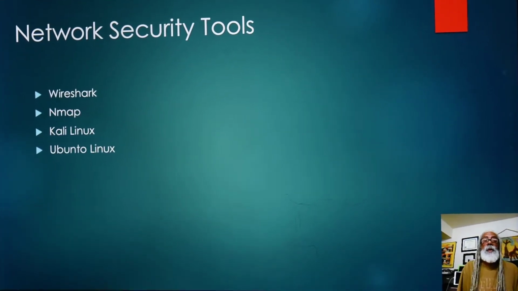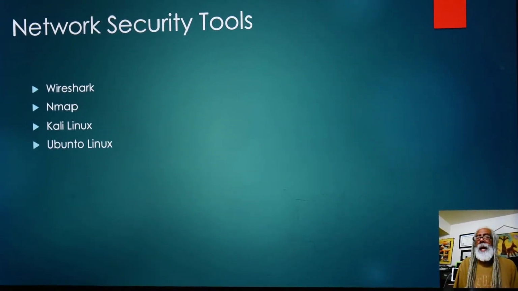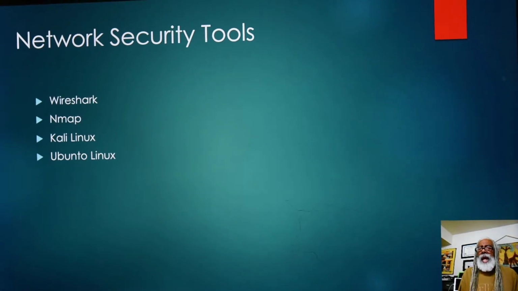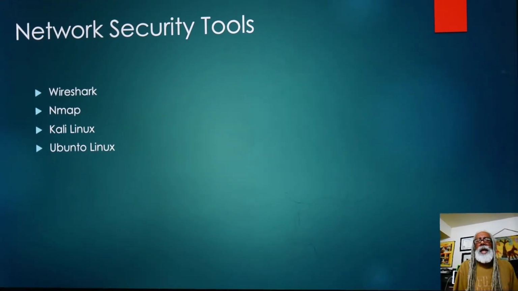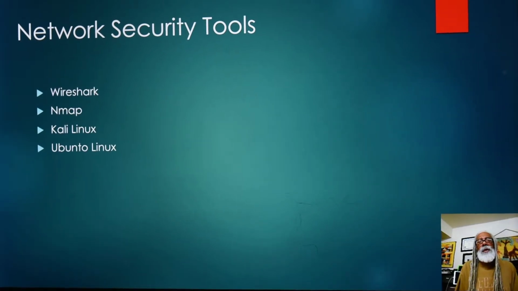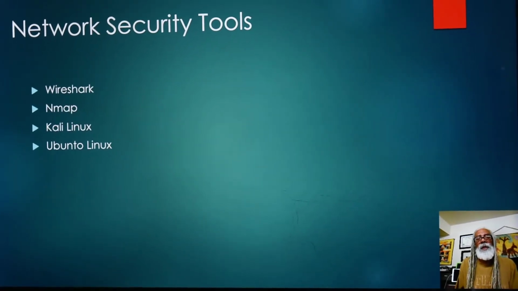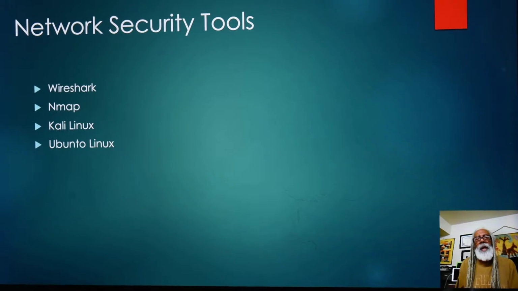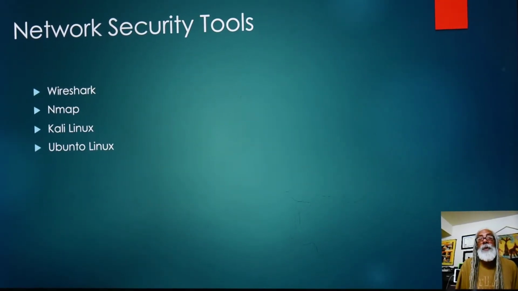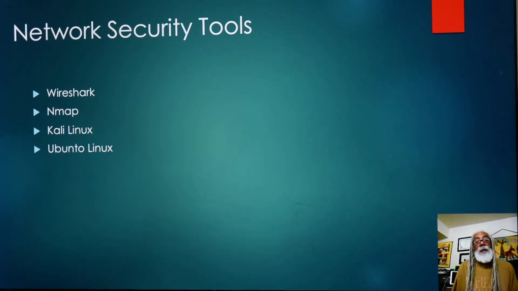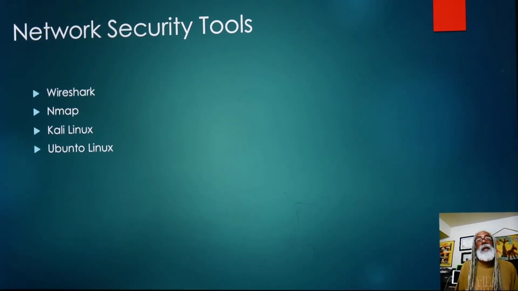Next we have Ubuntu Linux, which can be used as a bare bones system where you can learn the different tools that you might need specifically for your organization and build it up under the Ubuntu Linux operating system. Ubuntu Linux does come in other flavors.